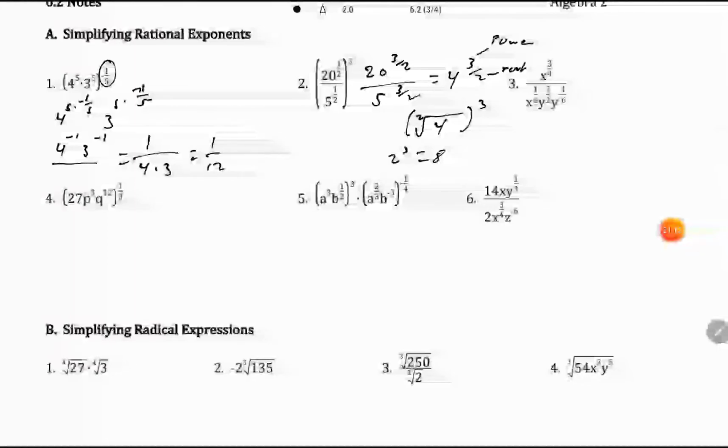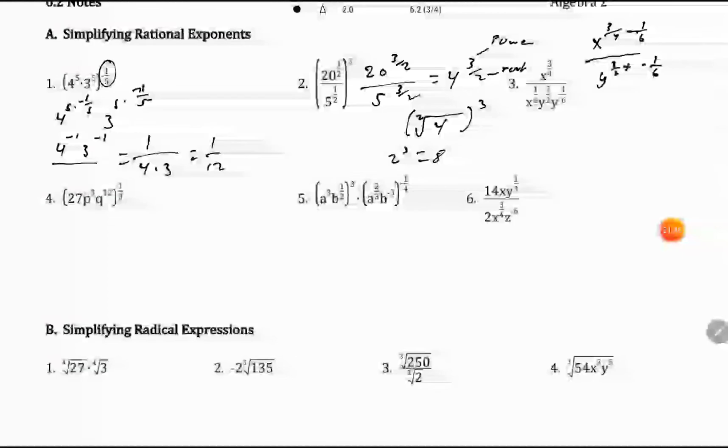Crazy stuff. Okay. So we have fractions. So this is x to the 3/4. So up top, I'm going to have x to the 3/4 minus 1/6. And then on the bottom, we have y to the 3 halves plus a negative 1/6. Okay.